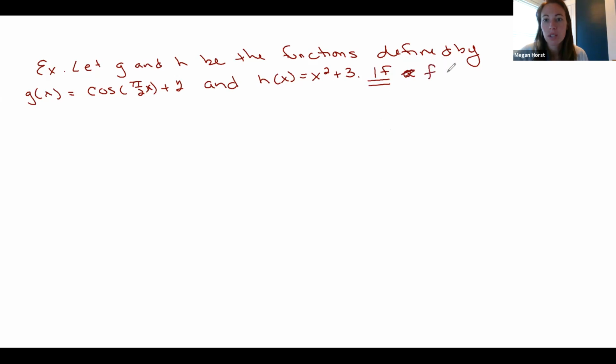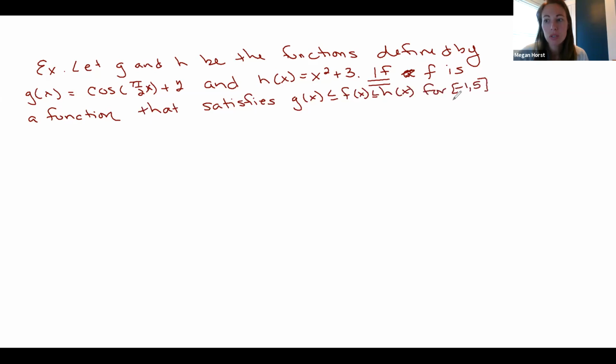If f is a function that satisfies g of x less than or equal to f of x less than or equal to h of x for -1 to 5 inclusive, what is the limit as x goes to 0 of f of x?